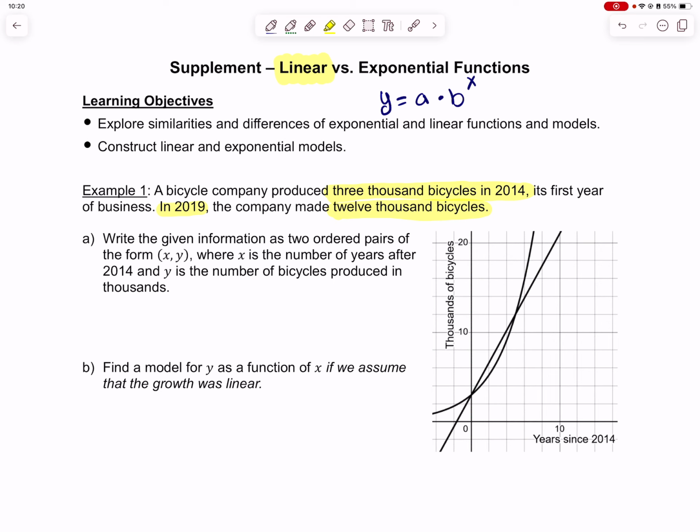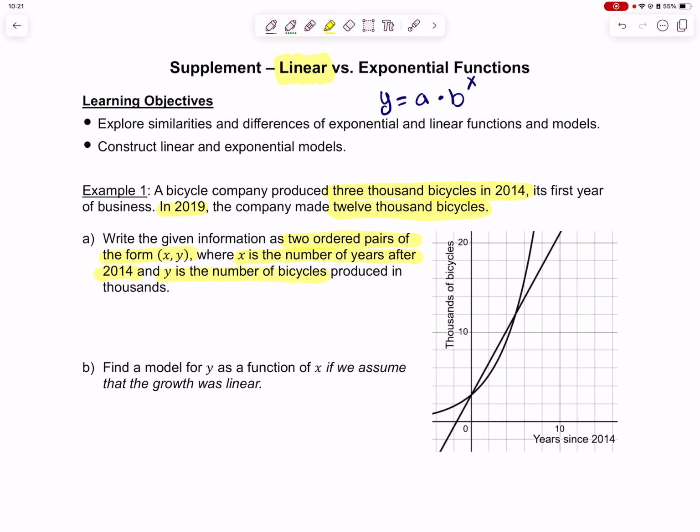So now to start, we want to take the information that we have been given here and write two ordered pairs of the form (x, y), where x is going to be our number of years after 2014, and y is the number of bicycles produced in thousands.